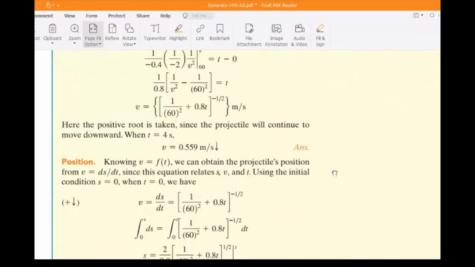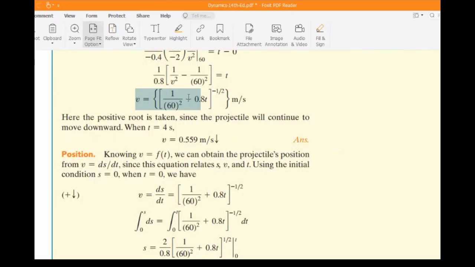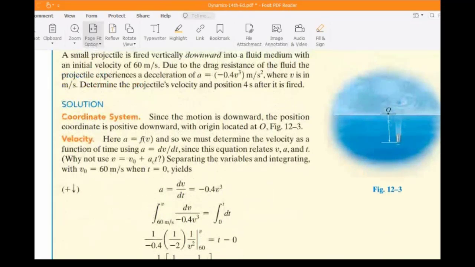Now, as we know the velocity is like this, then we can integrate it very easily. ds by dt equals this, this is the velocity. As this is time dependent, dt will be multiplied over here, and ds goes from 0 to s, because the position 0 is counted as it is.